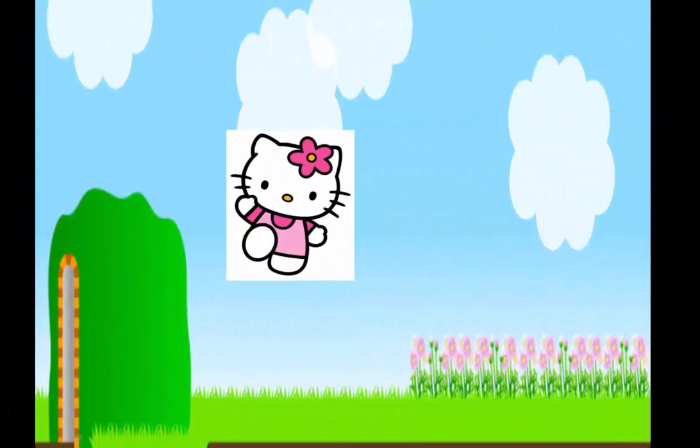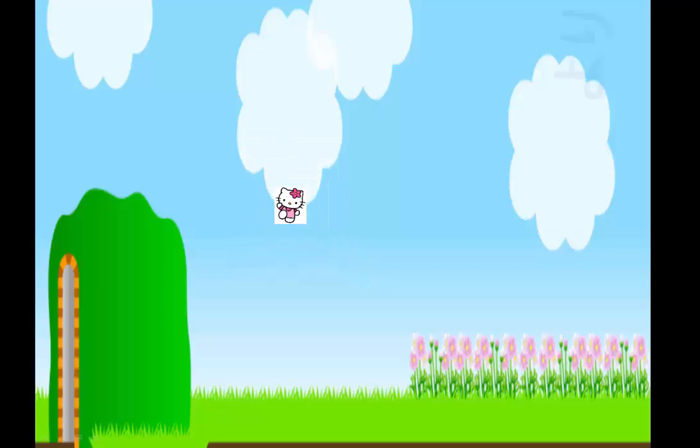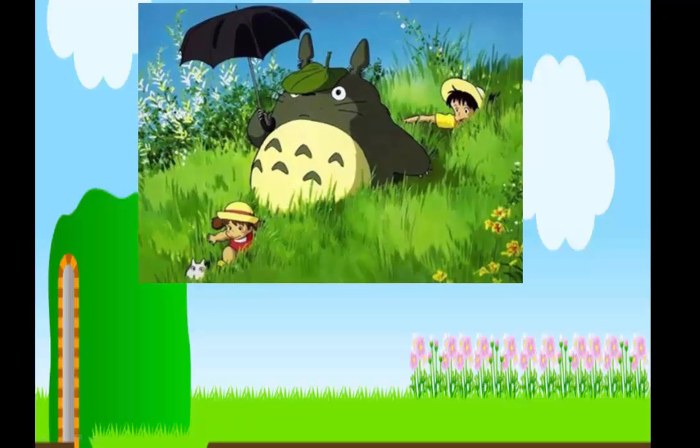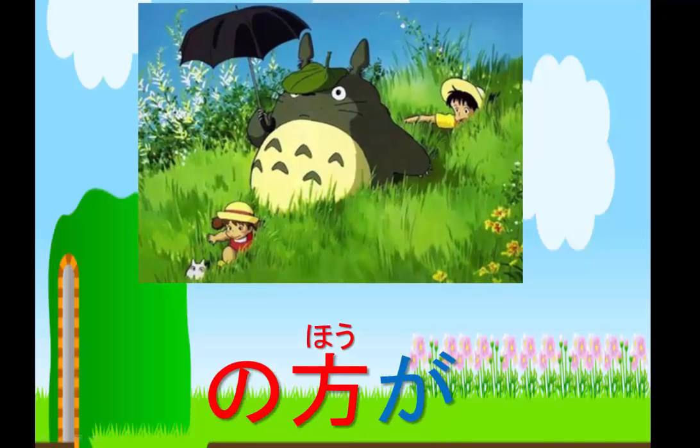Here we go. So we're going to say that Hello Kitty is less cute, or compared to Hello Kitty, Totoro is more cute. So Hello Kitty is the lower of the two. So we're going to use yori. Hello Kitty yori, compared to Hello Kitty, or more than Hello Kitty, Totoro. That's the one that's more cute. So he gets no ho ga. Totoro no ho ga.